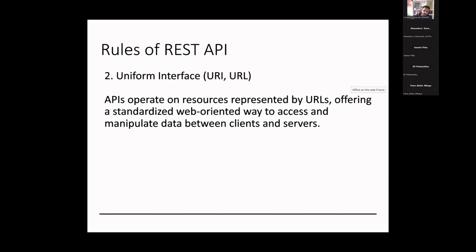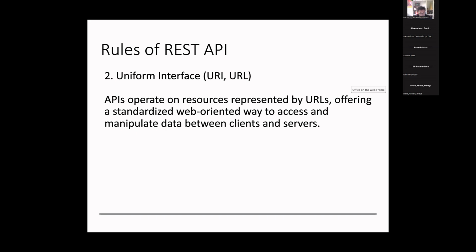So the API operates on resources that are represented by URLs. When I talk about an object, the object is reachable or modifiable because the object is identified inside the web service as a URL. The URL is the domain, the address that typically we have in our address bar in the browser.